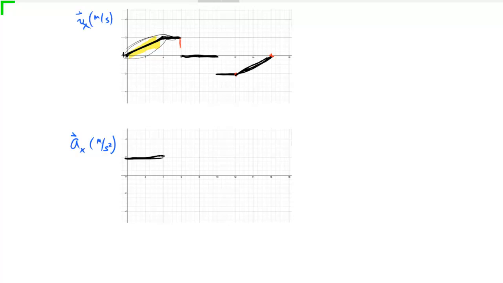And then we have a 0 slope, and another 0 slope, and another 0 slope. So we have 0 acceleration in all of these. So all the way from 4 to 12 seconds, we had 0 acceleration. And then again, we have a positive constant slope. So we have a positive constant value from 12 to 16 seconds, something like this. Okay, so there would be the corresponding acceleration versus time graph.